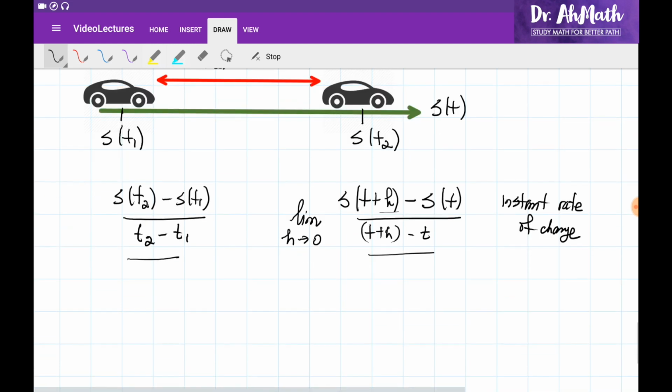And actually we denote this as the derivative of the distance with respect to the time, which is nothing else than the velocity, right? So the rate of change of the distance with respect to the time is the velocity.